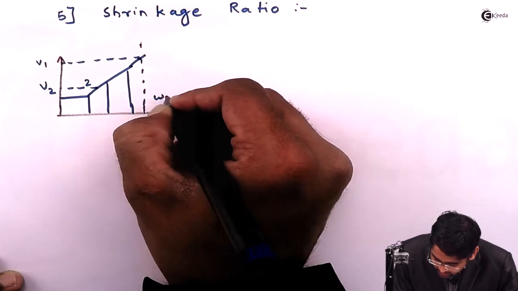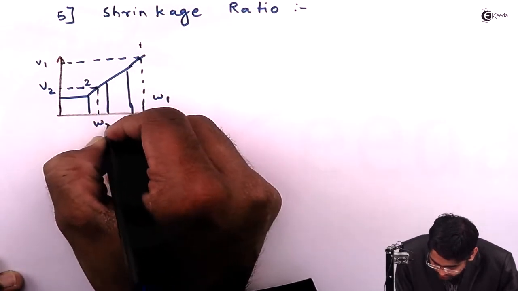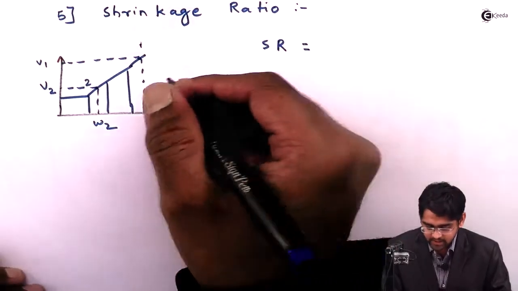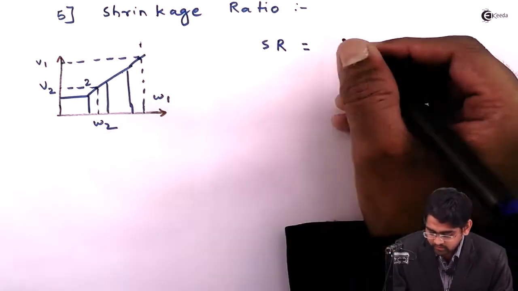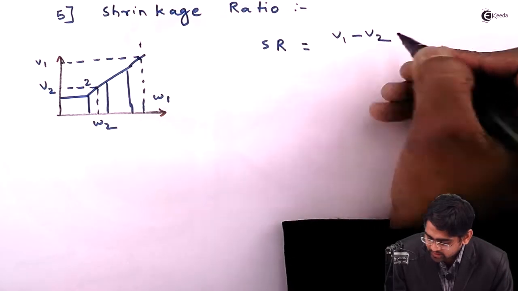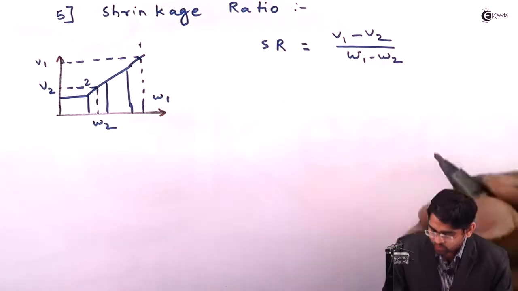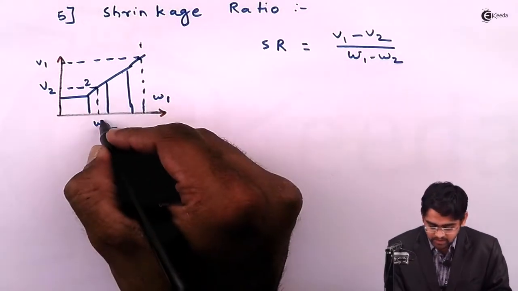Similarly, water content W1 and W2. So this shrinkage ratio is nothing but SR, which is the slope of this curve, which is V1 minus V2 divided by W1 minus W2. Remember, W here is the water content.